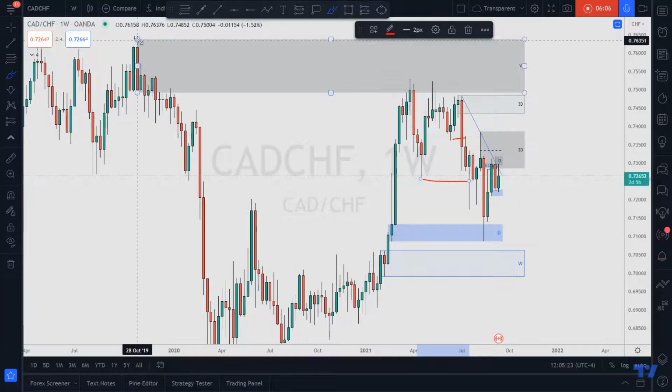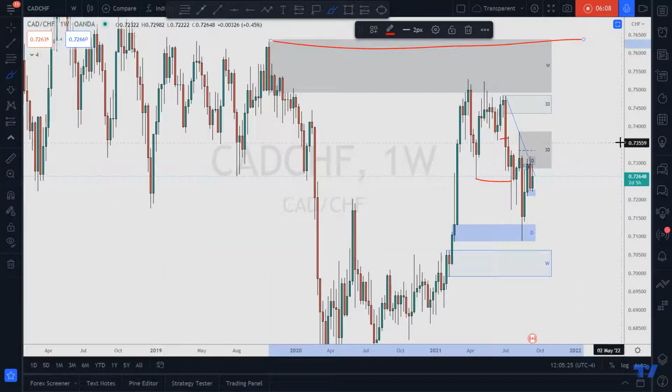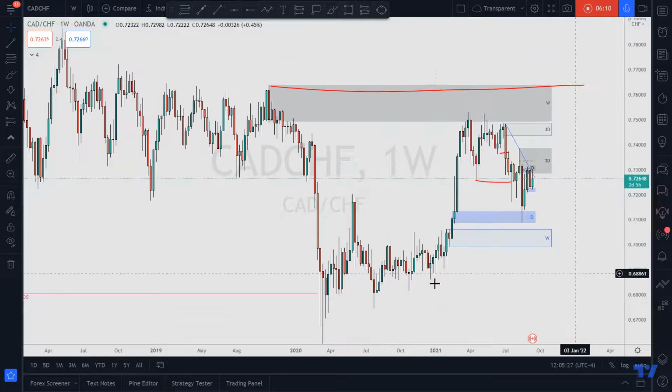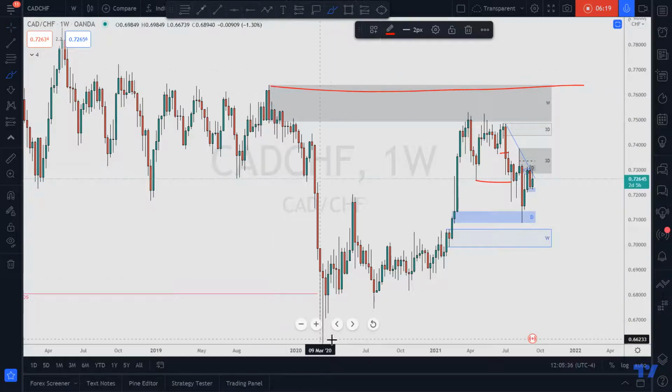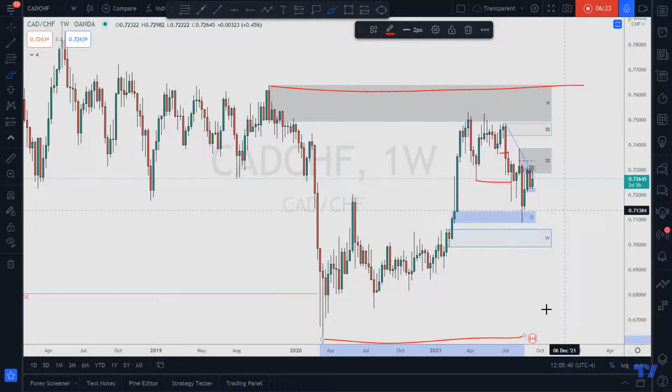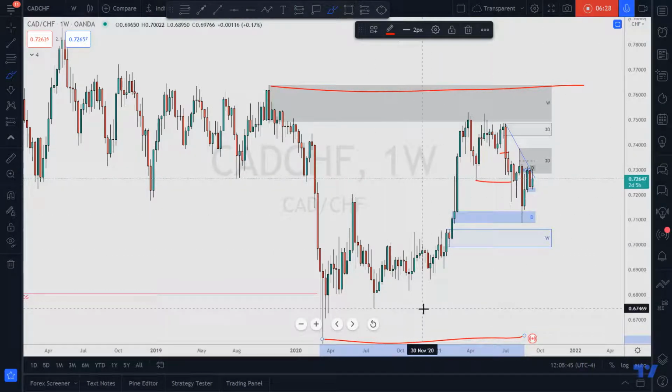You always go to the high and you always come down to the lowest point of a leg. This is all about legs. The high and low of this leg, everything that happens in between is what you call intermediate highs and lows. We call them short-term highs and lows until structure is broken.